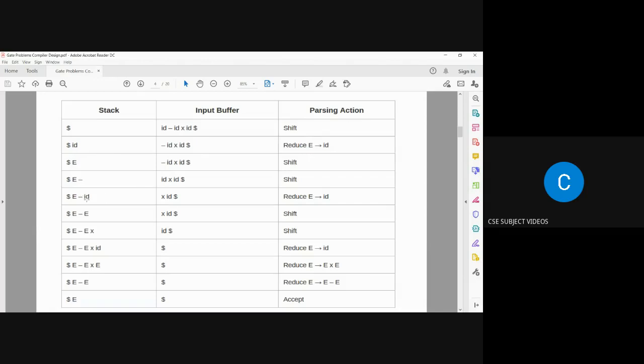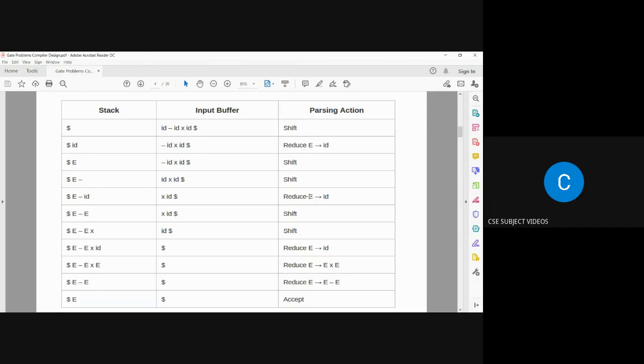This id is shifted to the top of the stack in this step. Next, the remaining input symbols are into, id, and then dollar. Okay, in this step what will we do next? Shift operation or reduce operation, we have to think, shift or reduce. Now this E as it is we are keeping, and then minus id.